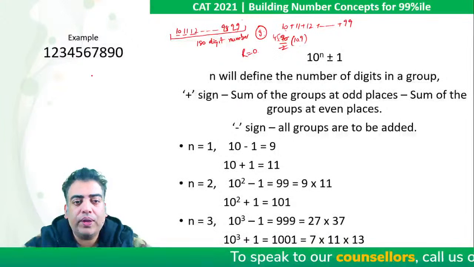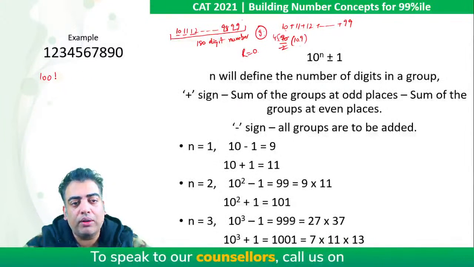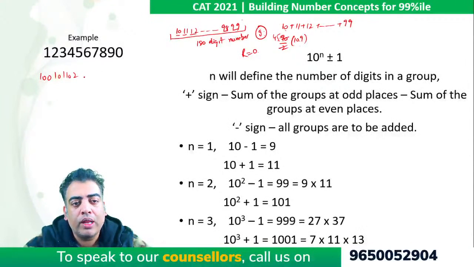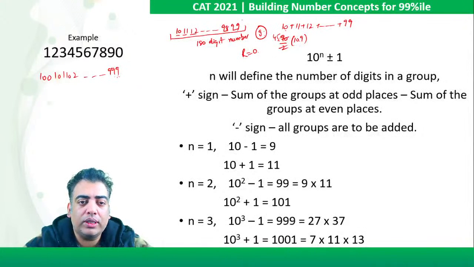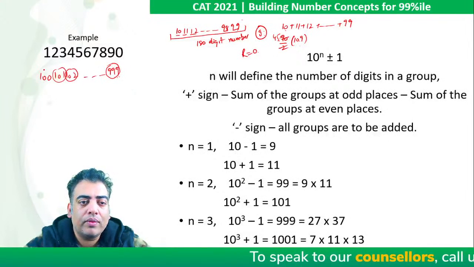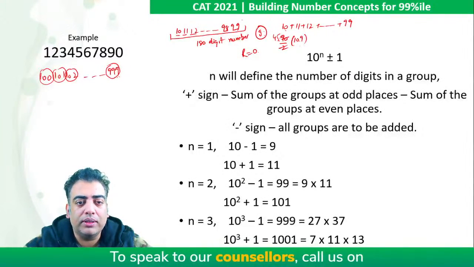Likewise, if we come across a question in the form 100, 101, 102, up to 999, all 3-digit numbers written side by side, now instead of taking a single digit at a time or 2 digits, better is if we consider 3 digits at a time and then add all these numbers.